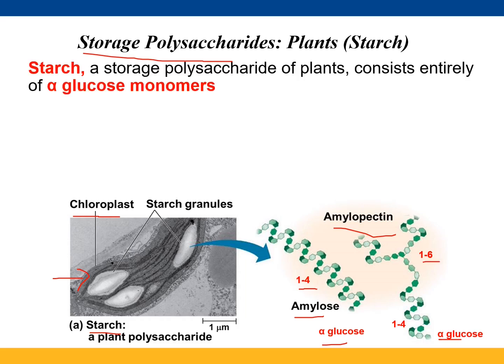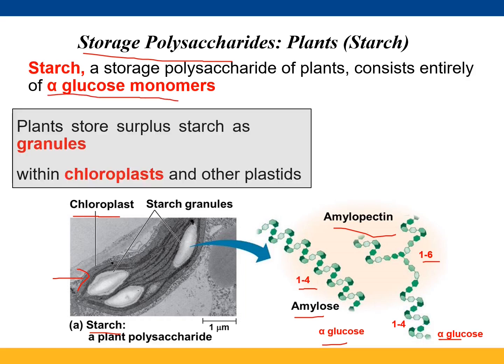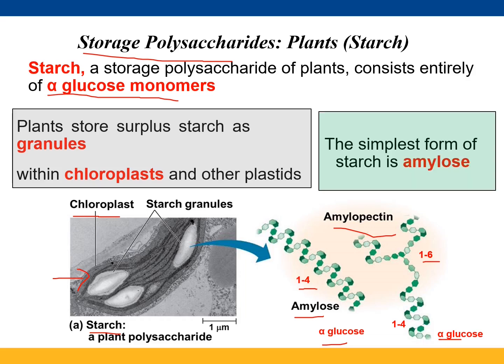So to summarize, starch is a polysaccharide of plants and consists entirely of alpha glucose monomers. In addition, plants store the surplus of starch as granules within the chloroplast and or plastids. The simplest form of starch is amylose, and the other one is called amylopectin, and the only difference is the type of glycosidic linkage.